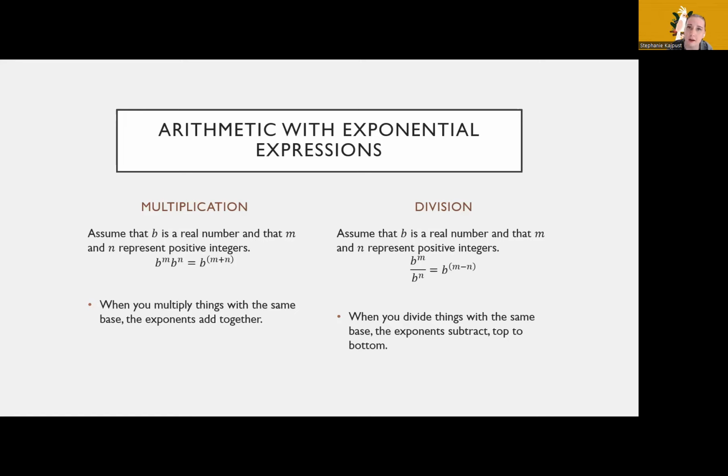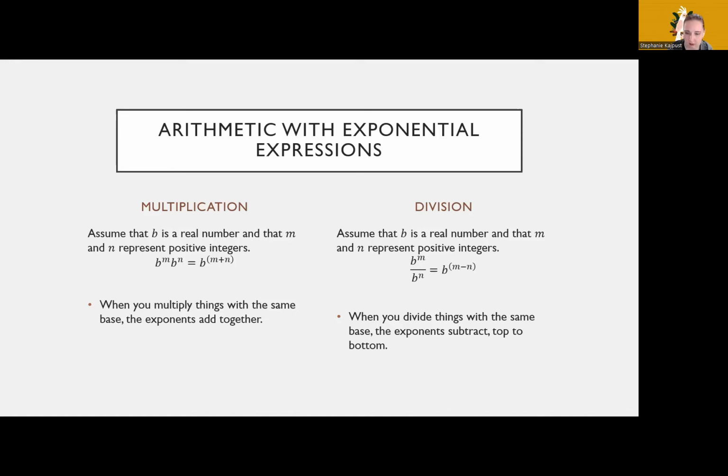And when you're dividing things that have the same base but have exponents on it, you subtract the exponents. I do have a video that goes over each of those separately, but those are just the basic rules: you add when you multiply exponents and you subtract when you divide exponents.